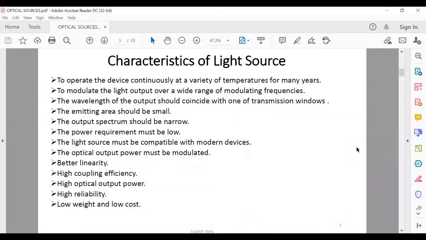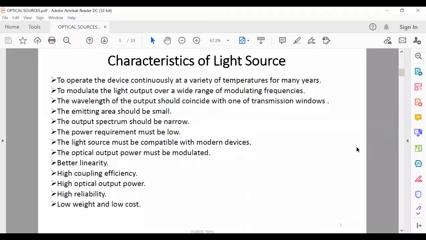It must be possible to operate the device continuously at a variety of temperatures for many years. Second, it must be possible to modulate the light output over a wide range of modulating frequencies.